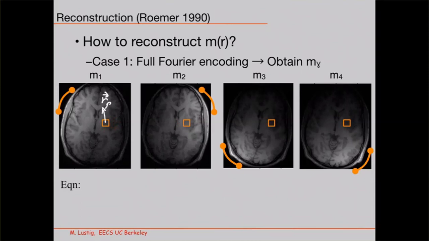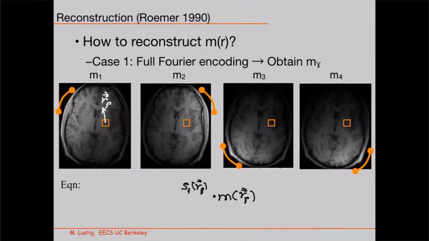My magnetization at R sub P has been weighted by the coil sensitivity of coil 1, coil 2, coil 3, and coil 4. Each one of them. So this magnetization has been weighted, for example, by the sensitivity of coil 1 at position RP.